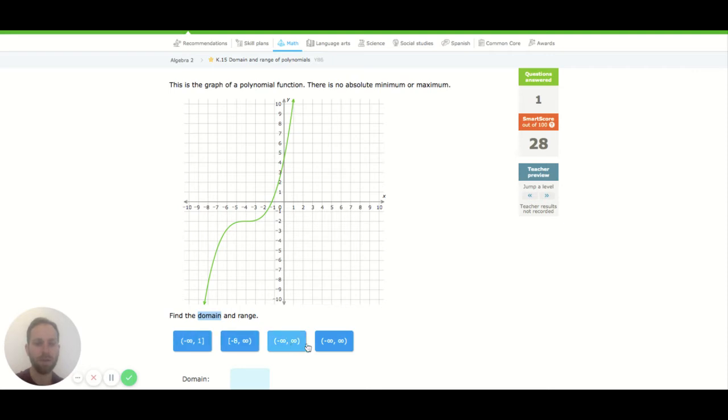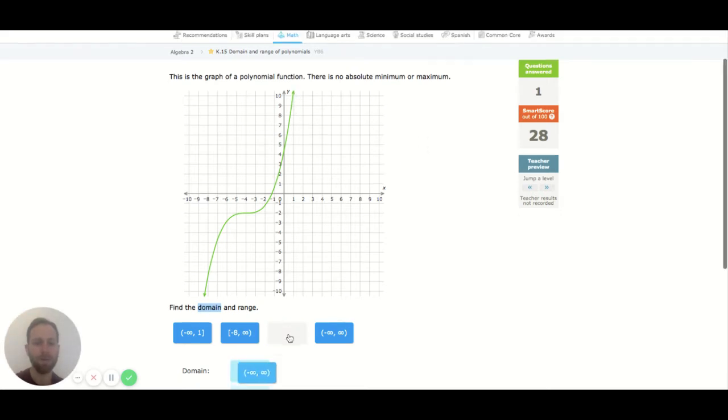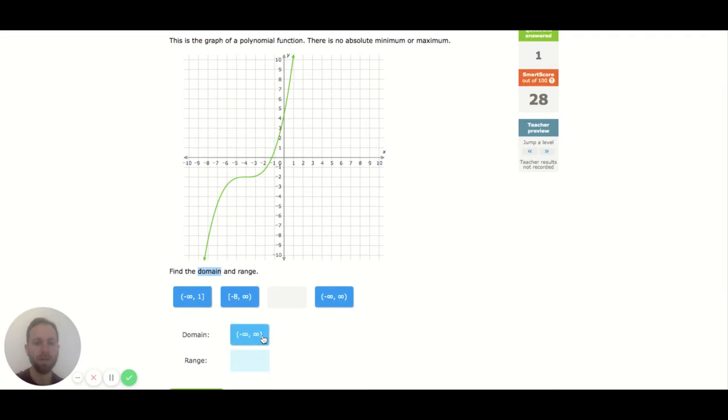And how far does it go to the right? Well, it's still going to the right, even though it's mostly going up. So it's going to positive infinity on the right. So that would be all real numbers, or negative infinity to positive infinity. The range, we want to see how far low or high, up or down it's going. And it's still going up, still going down. So that would be all real numbers, negative infinity to positive infinity.